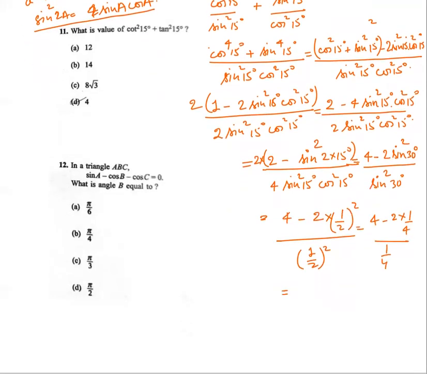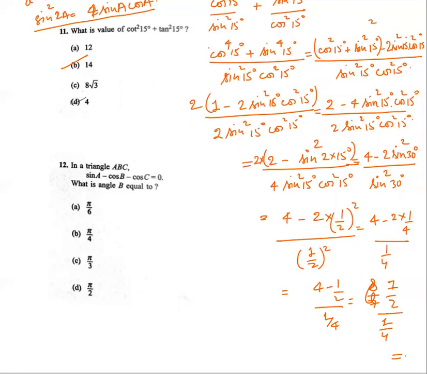So this is equal to 4 minus 1 by 2, whole divided by 1 by 4. 4 minus 1 by 2 is nothing but 4 2s are 8 minus 1, which is 7 by 2, whole divided by 1 by 4. So we can rewrite this as 7 by 2 into 4, which is 14. All right, so 14 is the answer, which is option B.